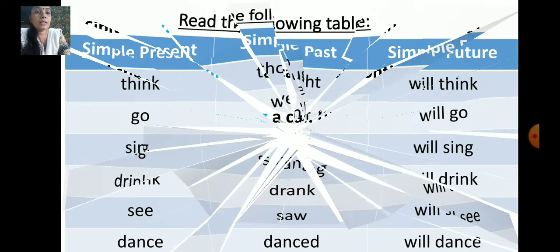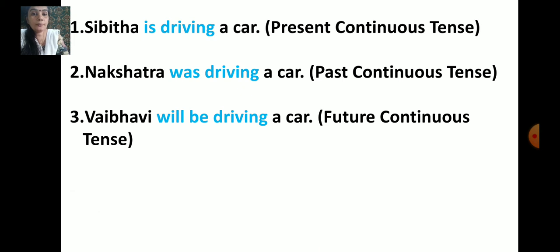Now let's move on to another one. Now read these sentences. Number 1, Sibitha is driving a car. Number 2, Nakshatra was driving a car.